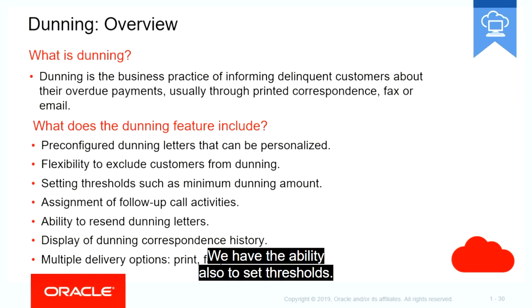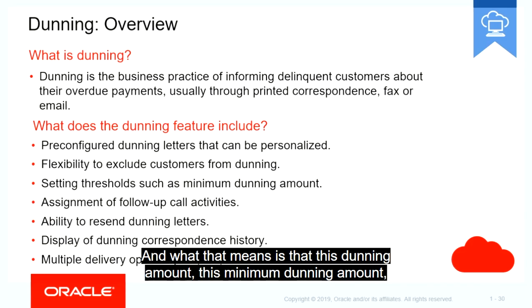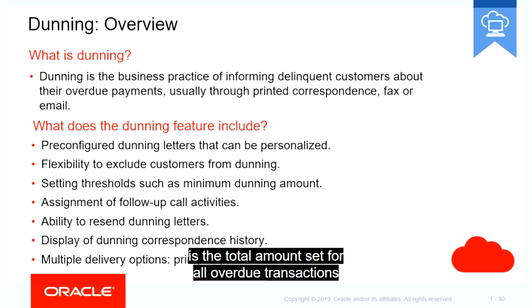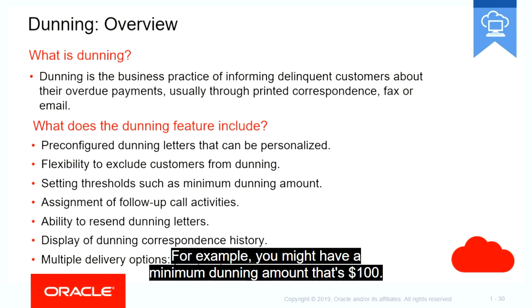We have the ability also to set thresholds, and there are two of those. I give you one here as an example, the minimum dunning amount. What that means is that this minimum dunning amount is the total amount set for all overdue transactions to have correspondence generated. For example, you might have a minimum dunning amount that's $100.